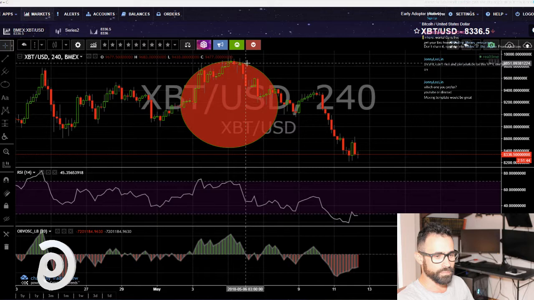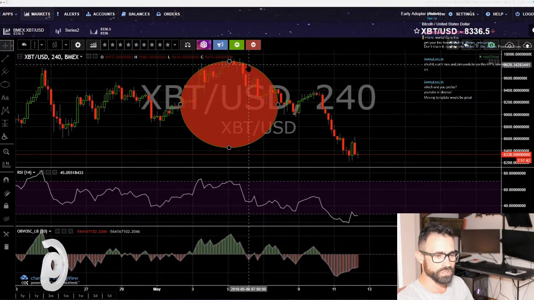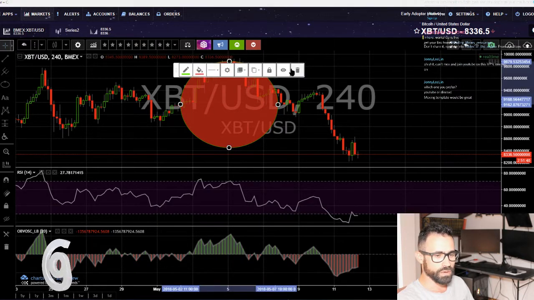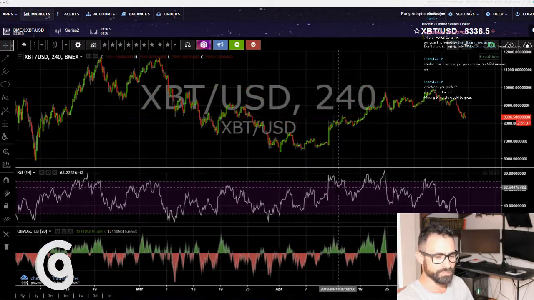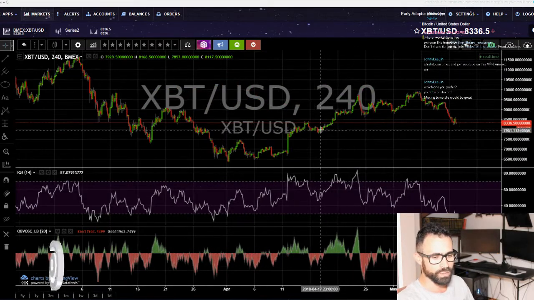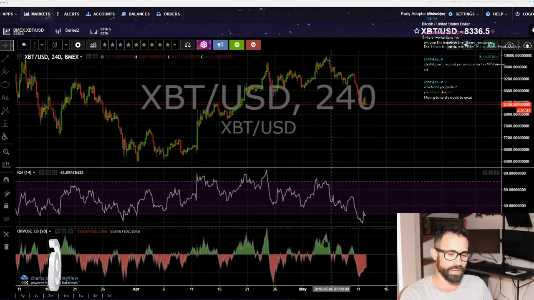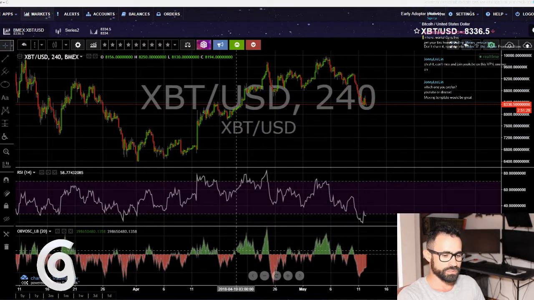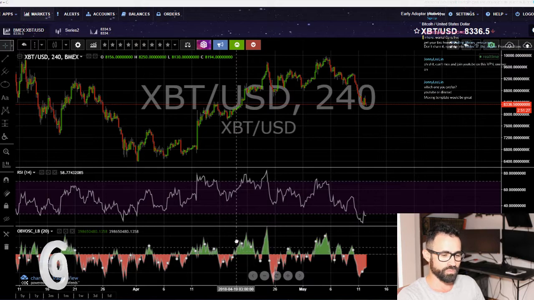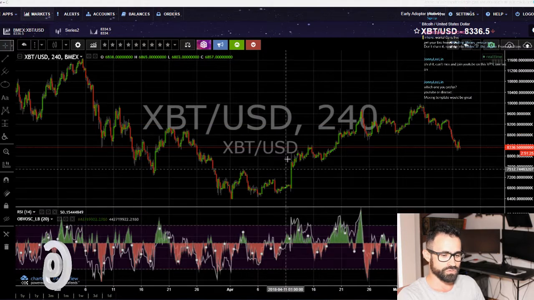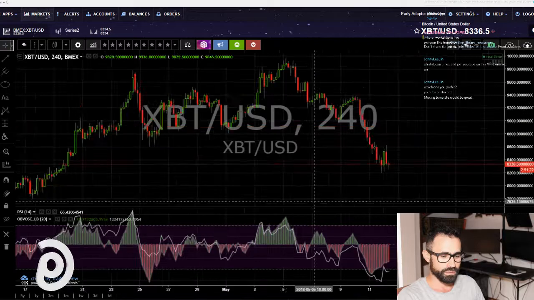I tend not to give too much into volume, but it's always good to have some kind of volume measure. What I really like to do to save space on my layouts is grab my OBV and just drop it below my RSI.